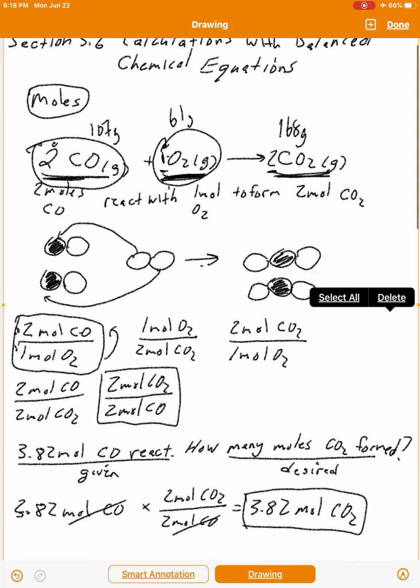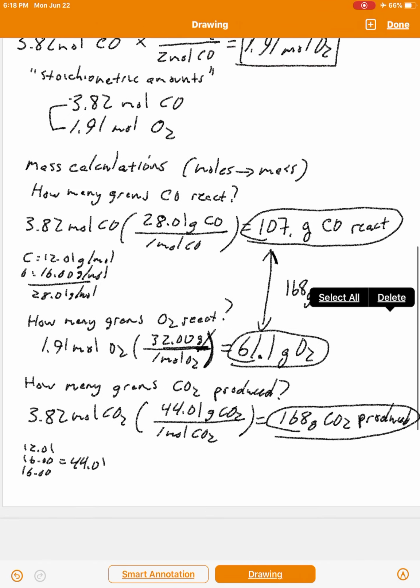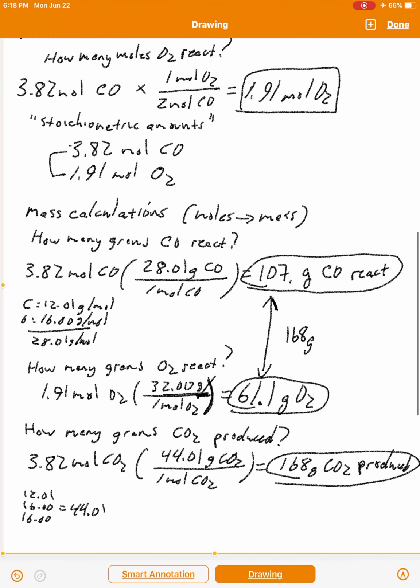It's internally consistent. Okay? So that is often what you'll want to be doing, is doing mass calculations. So you find the moles of each substance that you're interested in, and then you use the molar masses to convert those amounts into grams. So you'll have to practice these, lots of practice problems, lots of sample problems. Get good at doing these types of problems.